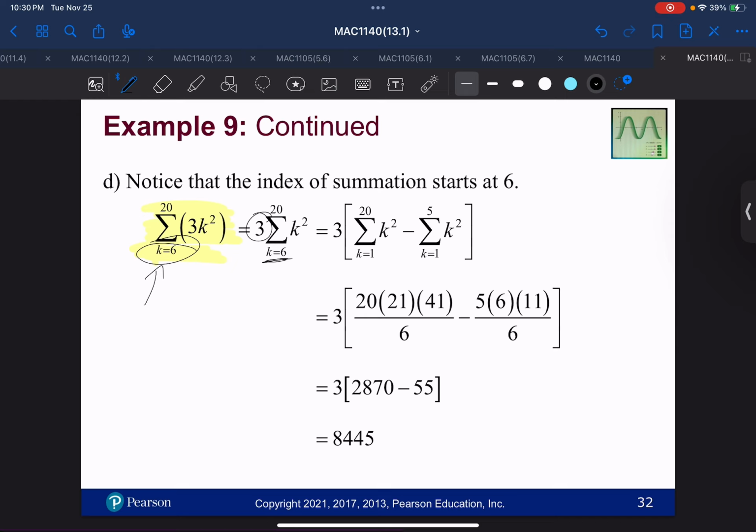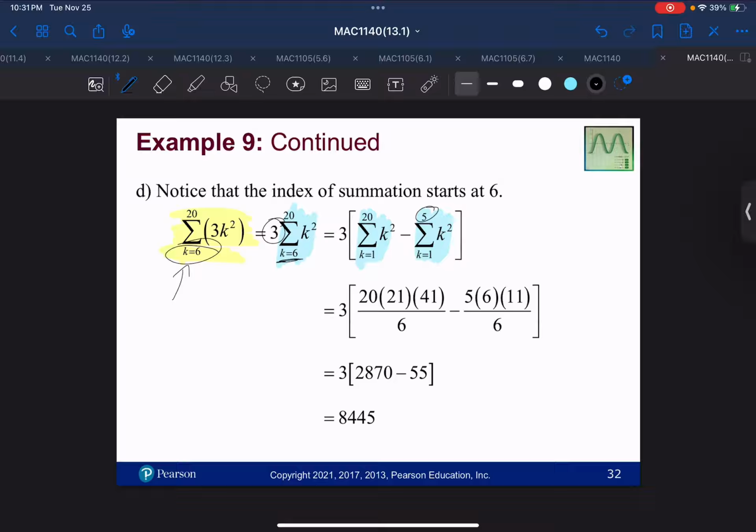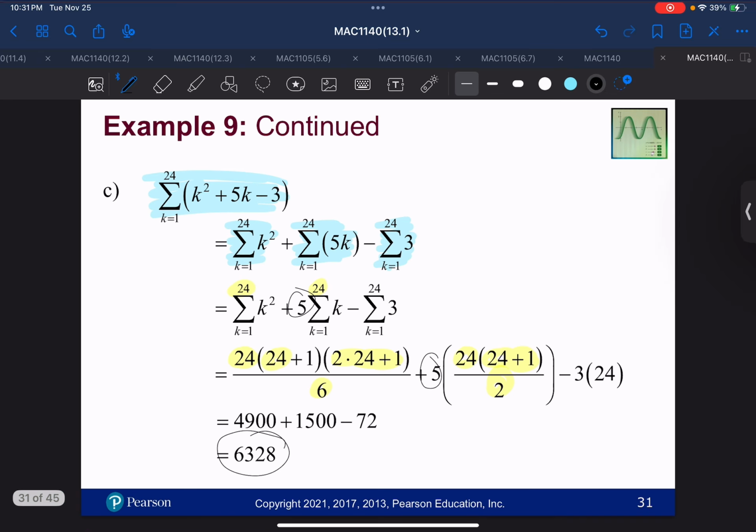So I want to use that property that says that this here in blue is equal to the summation of k squared, where k would start at 1 and go to 20, minus the summation of k squared where k goes from 1 to 5.